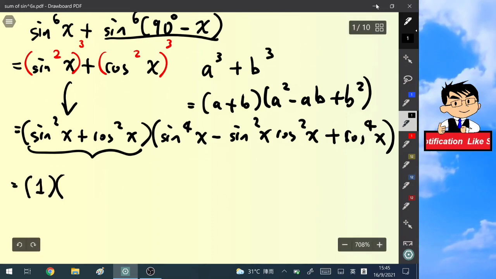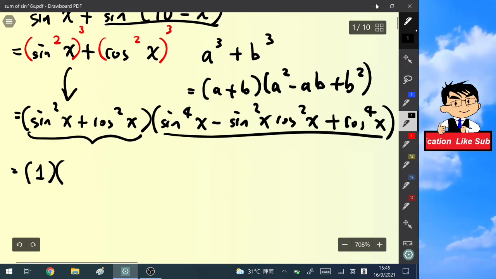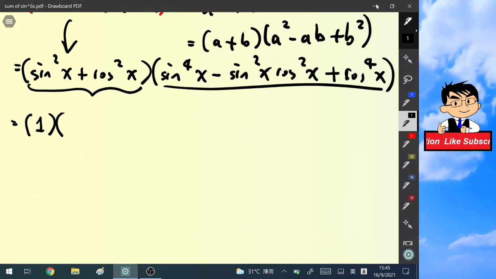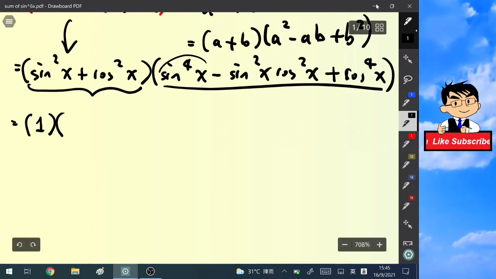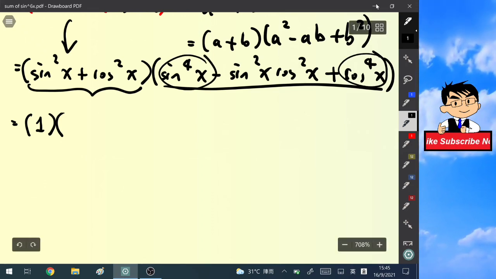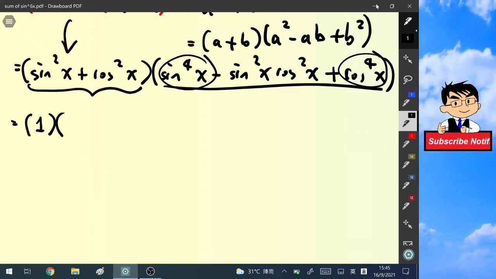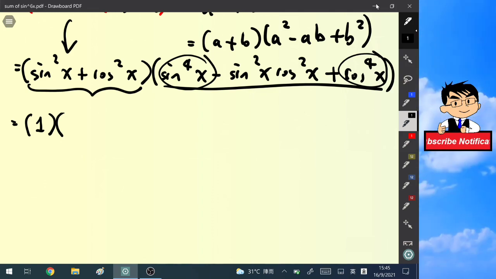For the expression at the back, we have another sine to the power of 4 and cosine to the power of 4, so let's try completing the square.